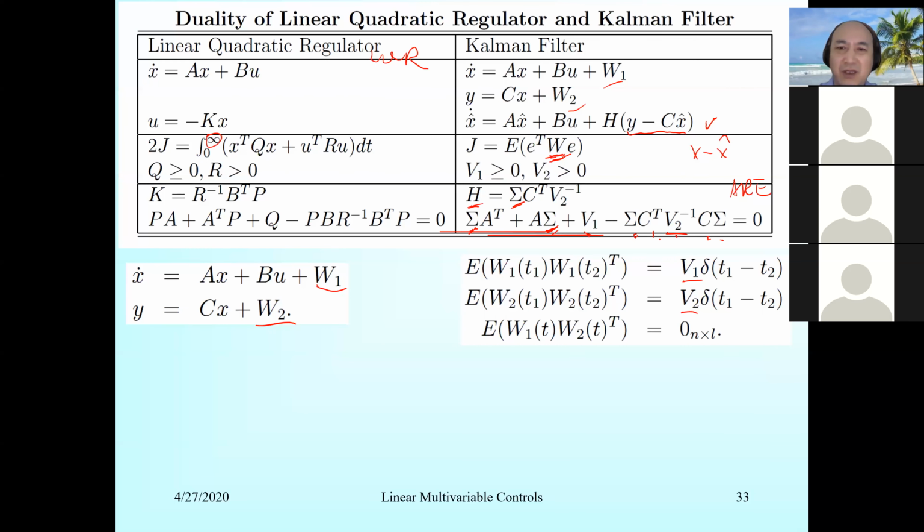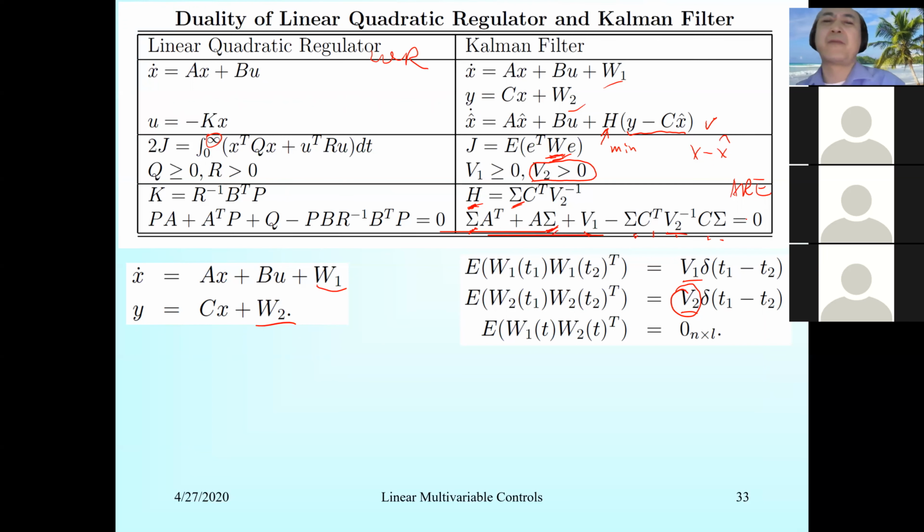But remember here, V2 is strictly positive definite. And this is the minimization of that. It turns out that H is the observer gain, the Kalman filtering gain.